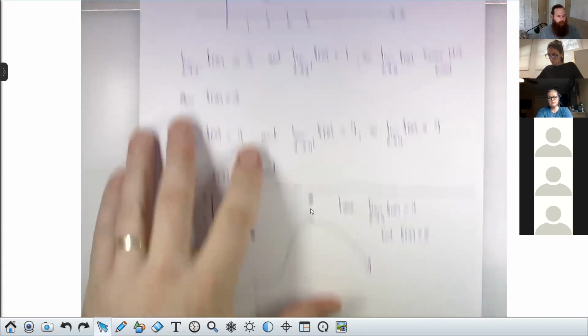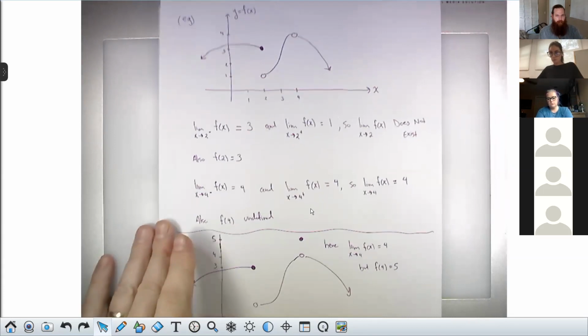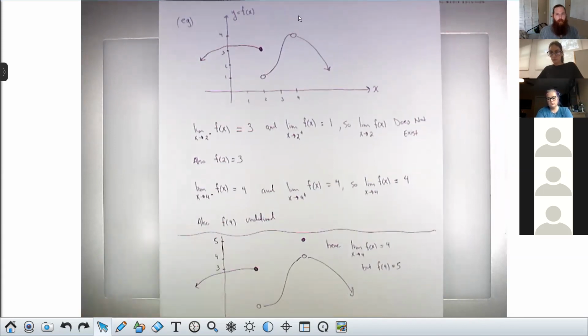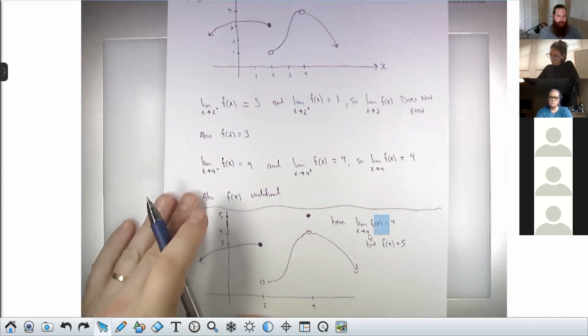But I wanted to elaborate a little bit on the difference of the situation here, where you've got a hole and then nothing above or below to fill it in. The function value there will be undefined, even though the limit exists. And it's also possible that the limit exists, but the function is defined in a way so that the value of the function doesn't match the value of the limit.